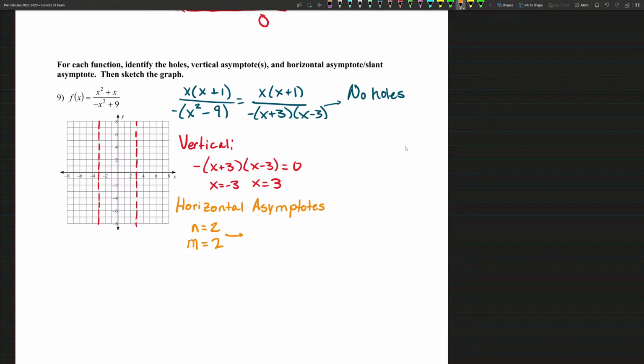Because these are equal, we want to take the ratio of the leading coefficients. The leading coefficient up top is 1. The leading coefficient down bottom is negative 1. So our horizontal asymptote is 1 divided by negative 1, which is just negative 1. So then we get this kind of grid, and our only job left is to test.